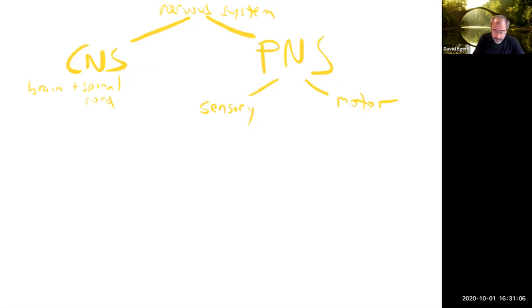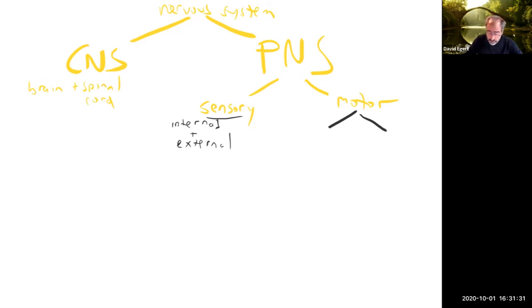Again, remember, sensory is both internal and external. We'll talk about this more, the interoceptors and exteroceptors. Motor, we need to subdivide.